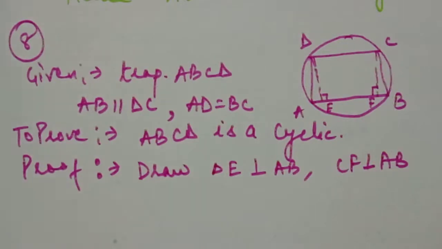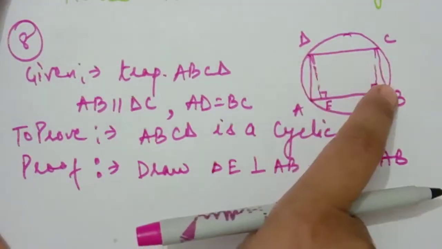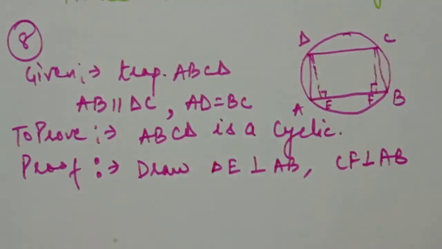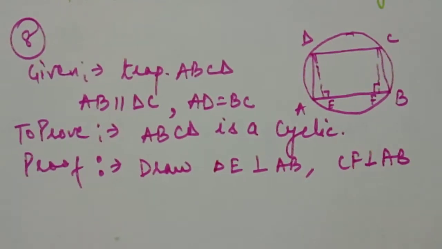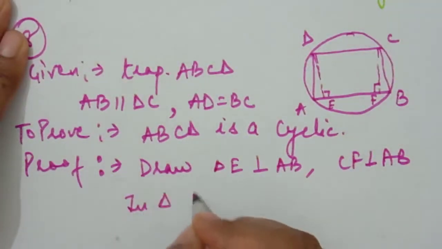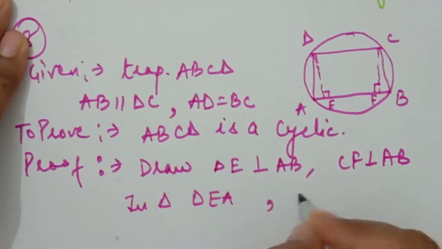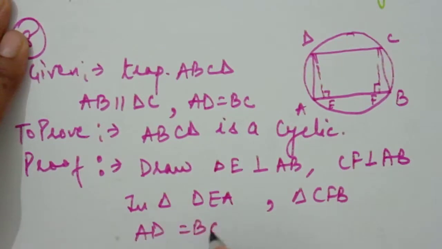Now students, according to the cyclic quadrilateral, we have to prove that the sum of angle B plus D is 180 degrees and A plus C is also 180 degrees. It is sufficient to prove that ABCD is a cyclic trapezium. So now we will take triangle DEA and triangle CFB. In both the triangles, AD is equal to BC, given.